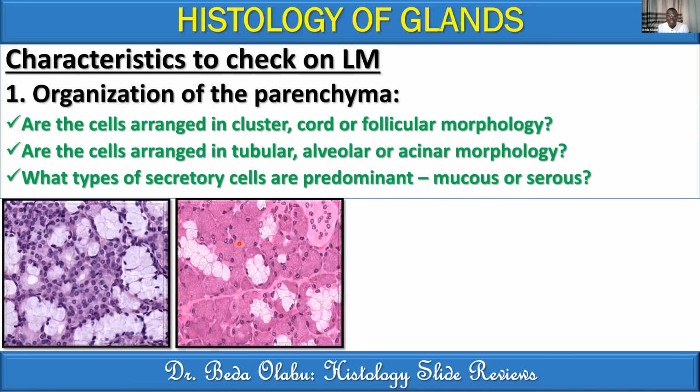Now, let me say something about the seromucus pattern. In a seromucus pattern, you have a mixture of both. That does not mean it has to be 50-50. It may still be 40-60, and that will still apply. So maybe in the first one, it's 40-60, perhaps with the mucus one being dominant, but it's still mixed.